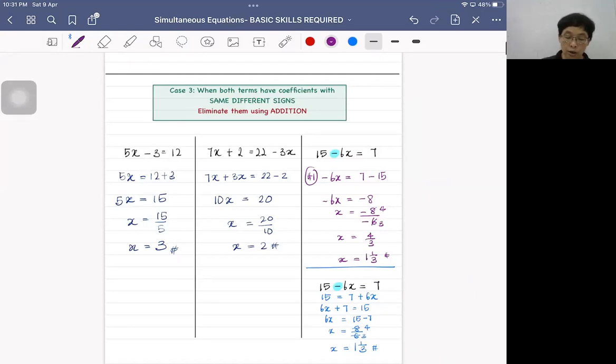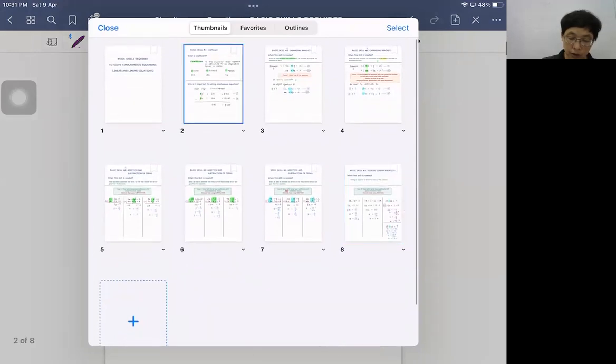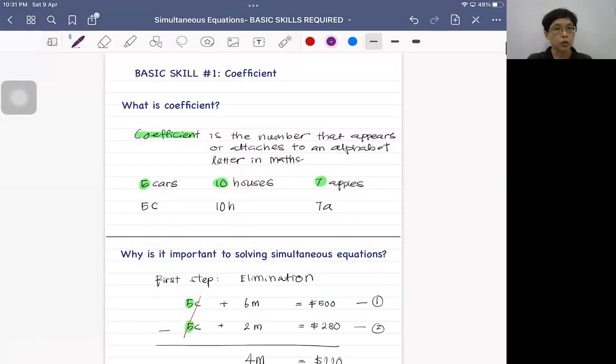In short, in order to master simultaneous equations and solve them successfully, we want to master these basic skills. Let us go through them right from the beginning before we close this session. Firstly, you want to pay attention. Every time a question is given to you, look out for the coefficients of the respective 2 terms. How can I adjust them so that they get the same coefficient?